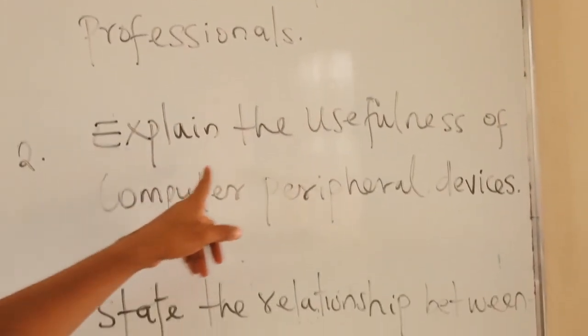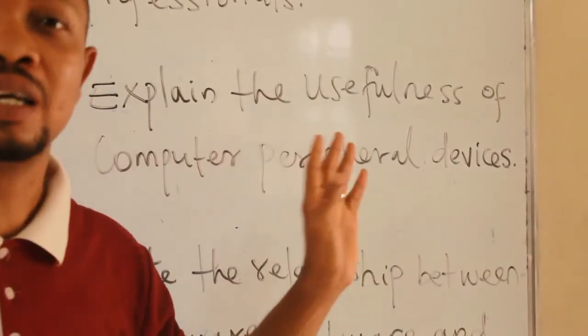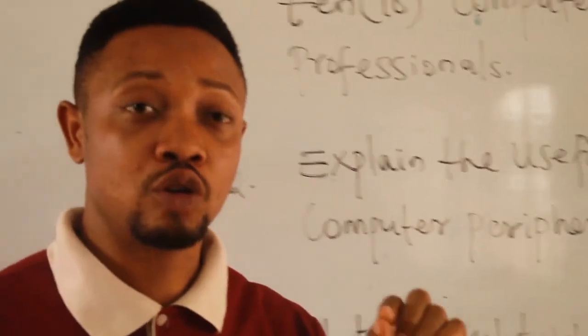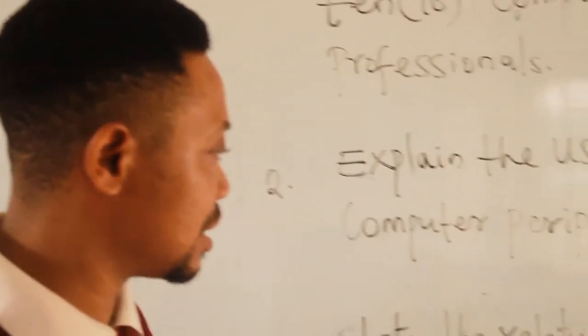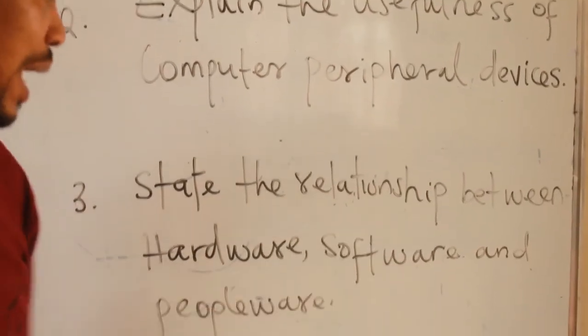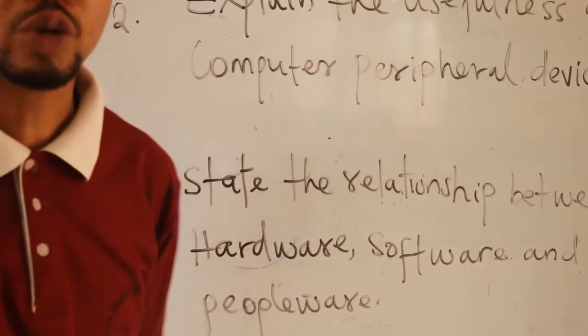Then explain the usefulness of the computer peripheral devices. Are they useful? And then state the relationship between hardware, software, and peopleware. How do they relate?